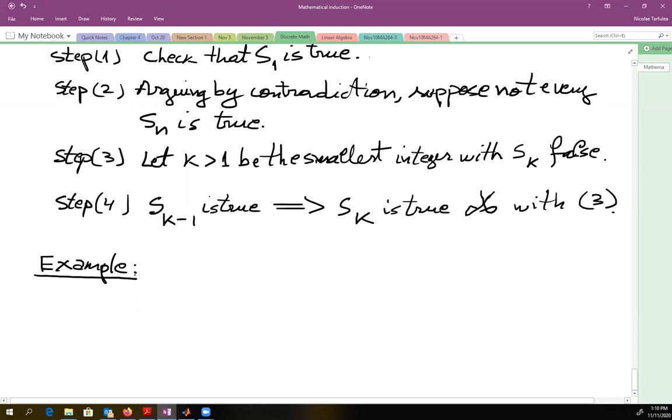Okay, so I can cook up an example which is similar to the examples that you have in the textbook.